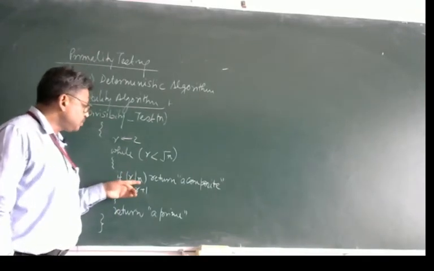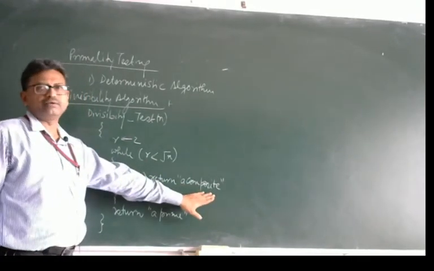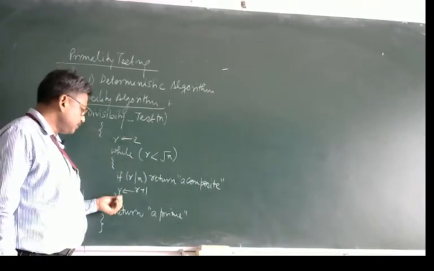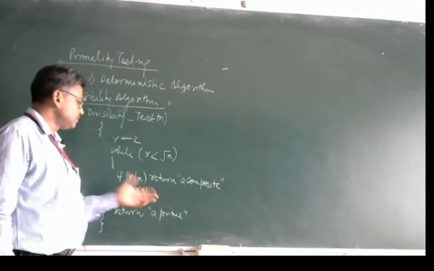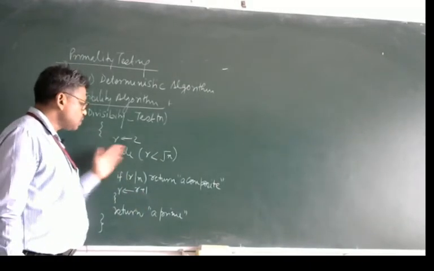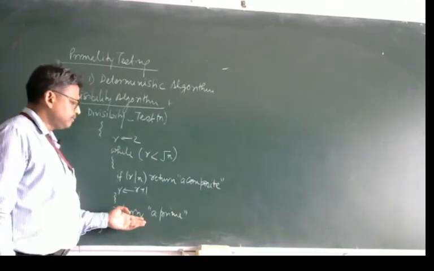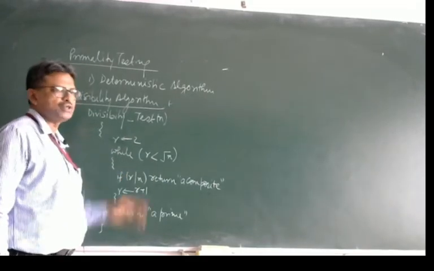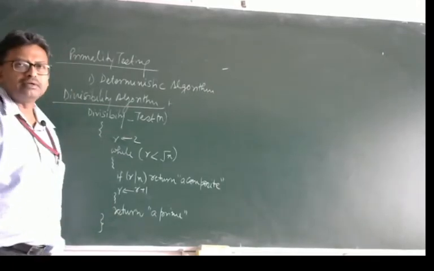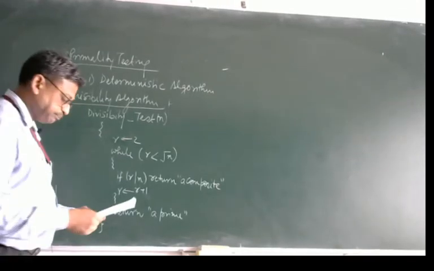If r is able to divide n, then we return and say that it is a composite number. But if it is not so, then we increase r to r plus 1, and in this way it goes on, and ultimately if no number is able to divide 97, then in that case it returns a prime number.